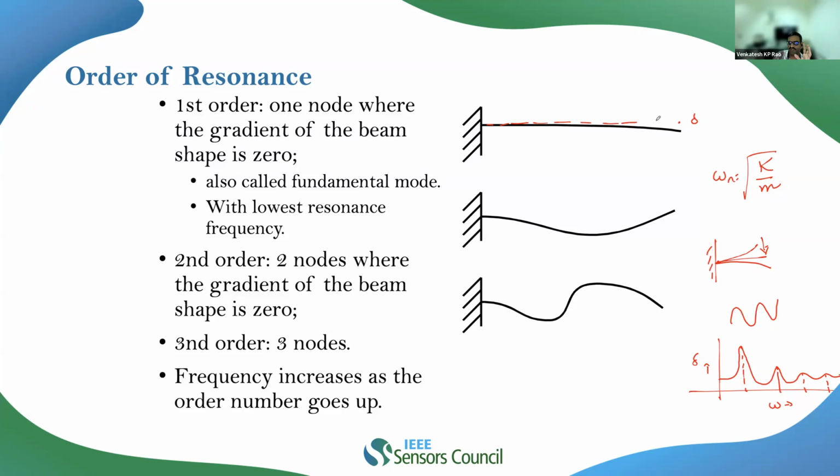So that's why the amplitude of vibration in the fundamental mode will always be much larger, and it will be quite easy to measure as well, right? And also, whenever you go to the higher modes of vibration, the natural frequencies of the system will further increase, right? So omega 1, omega 2, omega 3, omega 4.